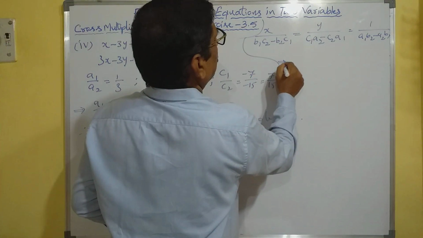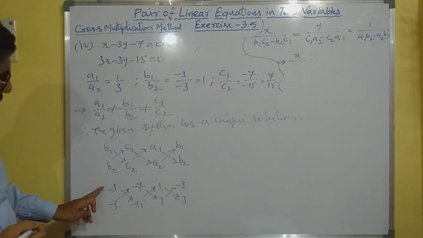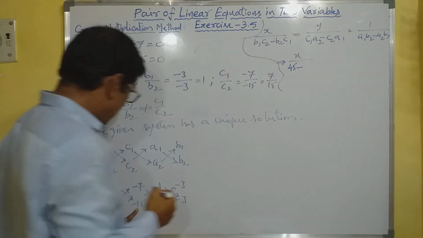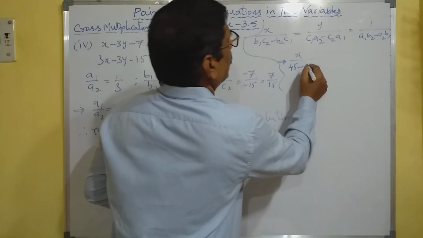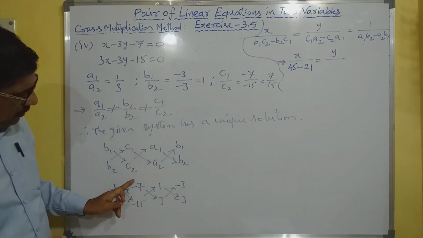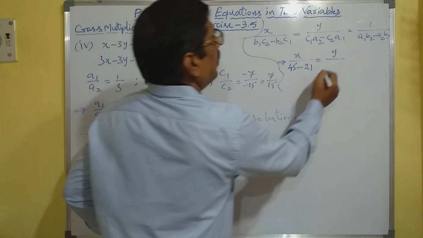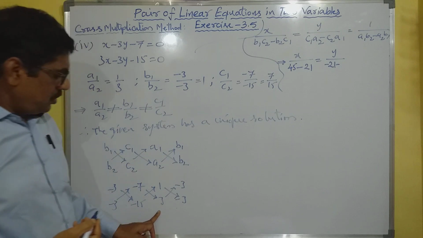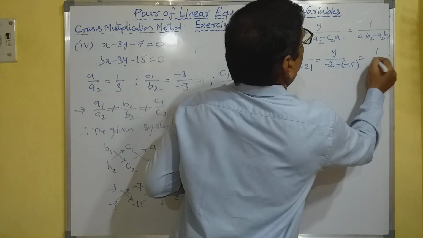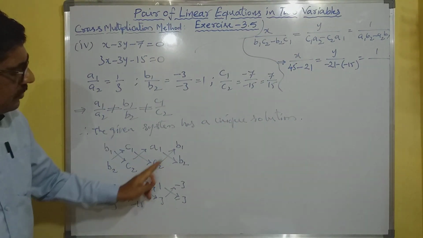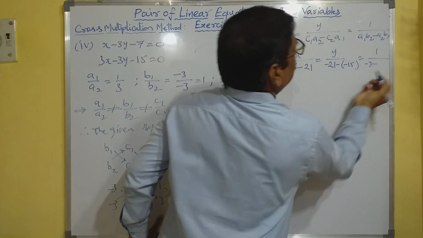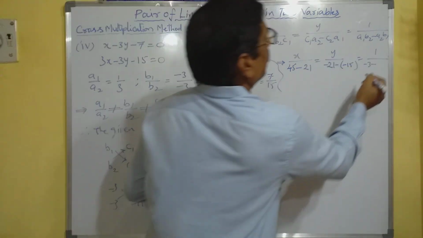This implies x by -3 into -15, that is 45, minus -3 into -7, which is 21, is equal to y by c1 a2 minus c2 a1, so we multiply like this: -7 into 3 is -21, minus -15 into 1 is -15, is equal to 1 by a1 b2 minus a2 b1. Here we have to multiply 1 into -3, -3, minus 3 into -3, -9.